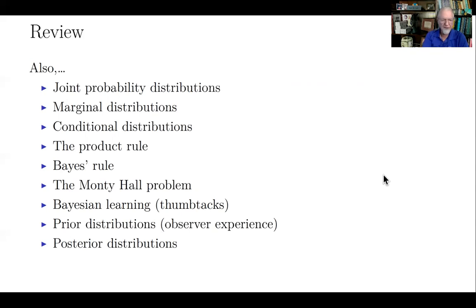They're both just based on the joint probability distribution. The product rule, which is the joint is the product of the marginal times the conditional. Bayes' rule on how to update your prior probabilities to posterior probabilities.